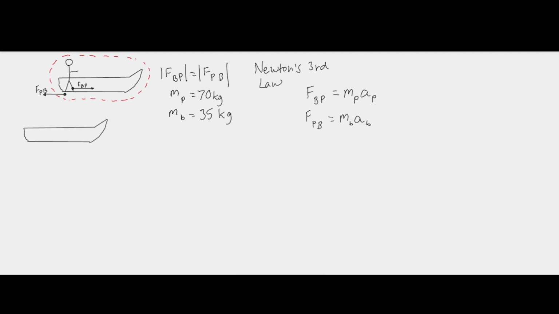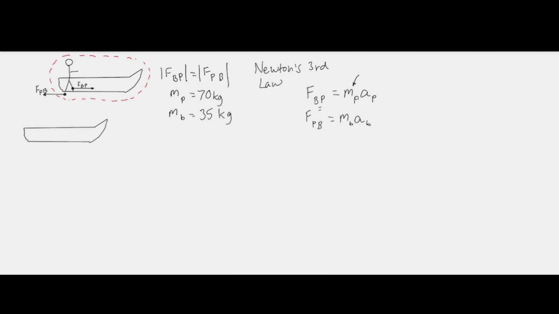Okay, and just looking at this mass relationship here, comparing these two masses, if I know that the person is twice the mass of the boat, in other words, this value here, this M sub P, is twice this M sub B, well then, if these two forces are equal magnitudes, then the accelerations have to be different because the masses are different.